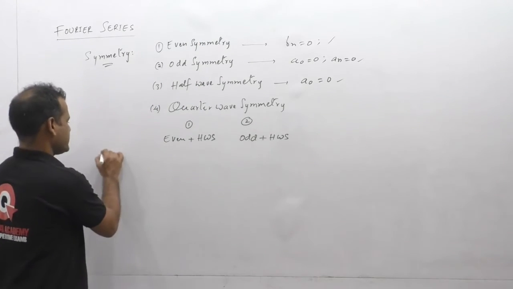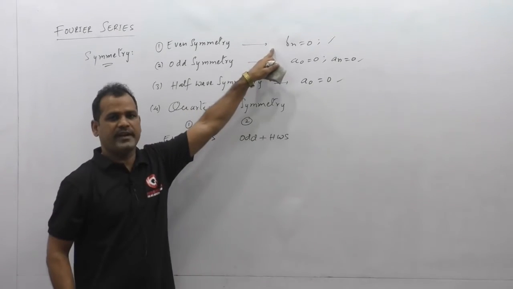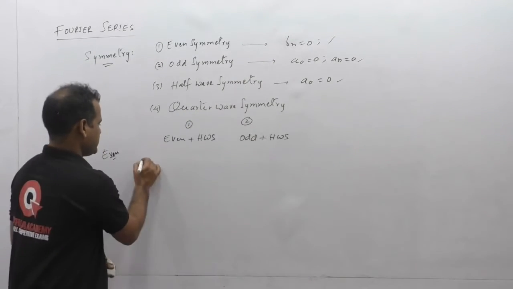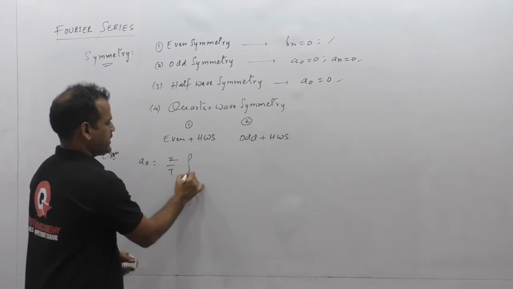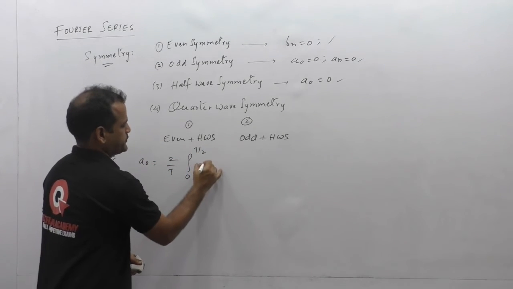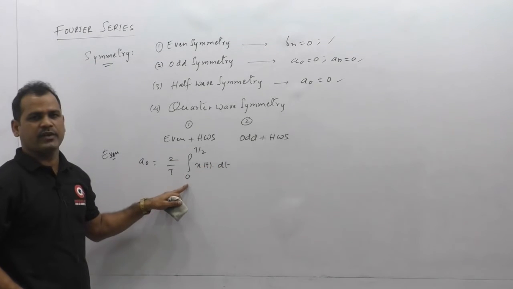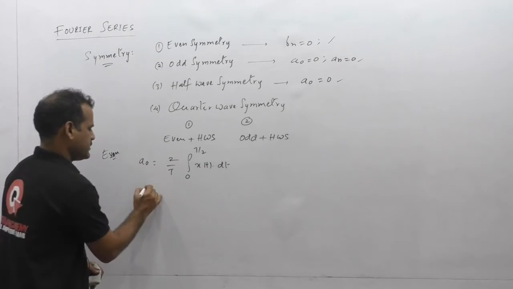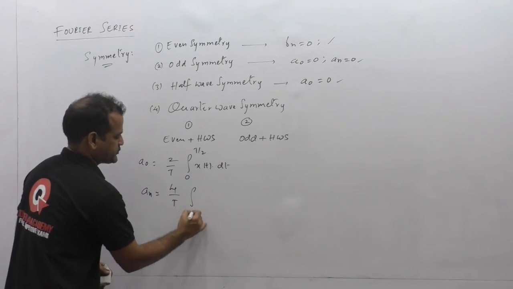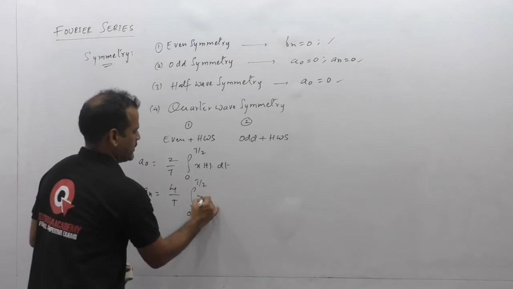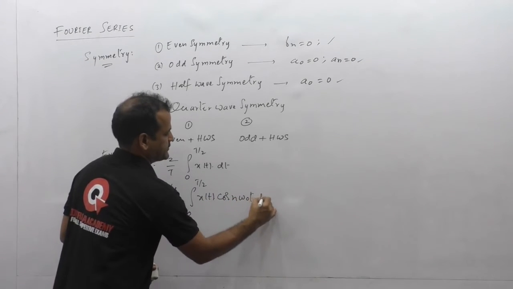If it is even symmetry, then the non-zero coefficients are A0 and An. A0 we can calculate directly by using the formula 2 by T integral 0 to T by 2 x of t dt. Observe, only half of the time period we are integrating, and then An value we can calculate by using the formula 4 by T integral 0 to T by 2 x of t multiplied by cos n omega naught t dt.